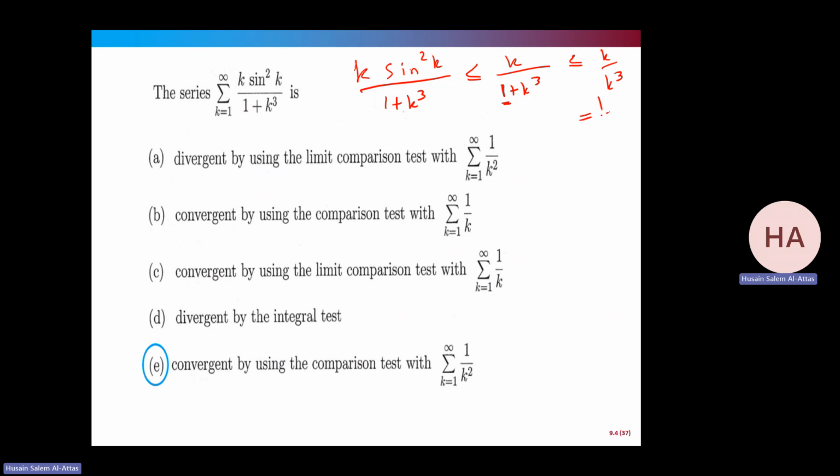And this is what? 1 over k squared. So I have this is less than this, and I know this one converges, p-series. So that implies this series will converge. So this is my answer. Converges by using the comparison test with this one.